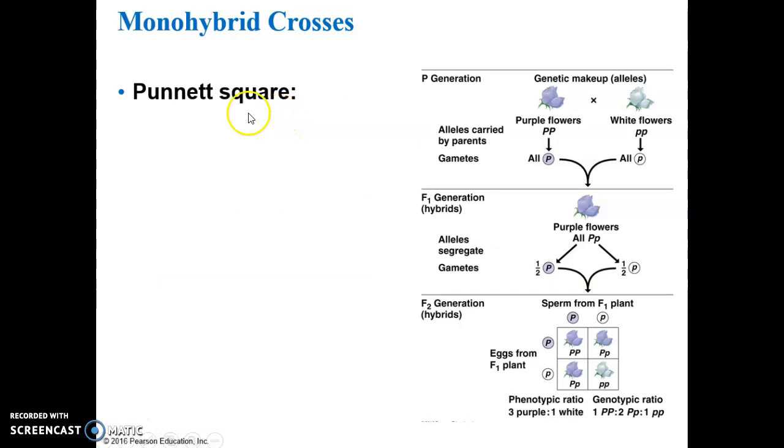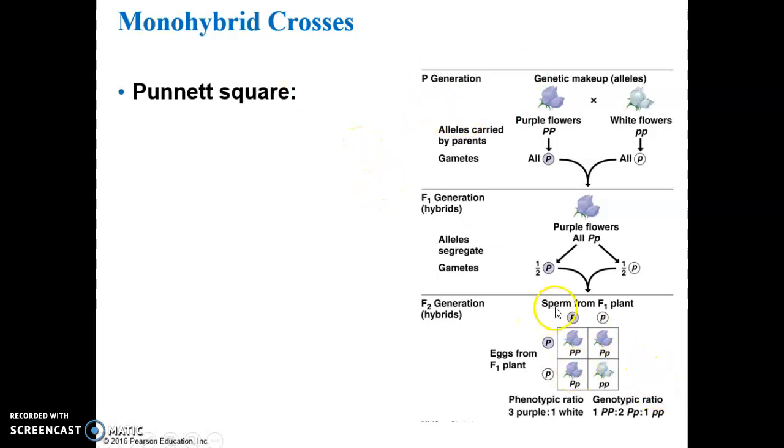And we can use a bookkeeping helper, something called a Punnett Square, to keep track of the genetics, the alleles that are contributed by the parents and how they separate during meiosis, and how those alleles can come together during fertilization of the gametes, sperm and egg.